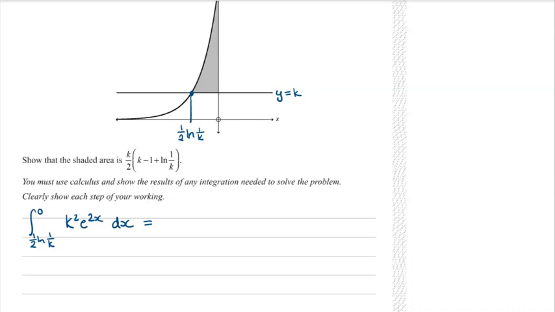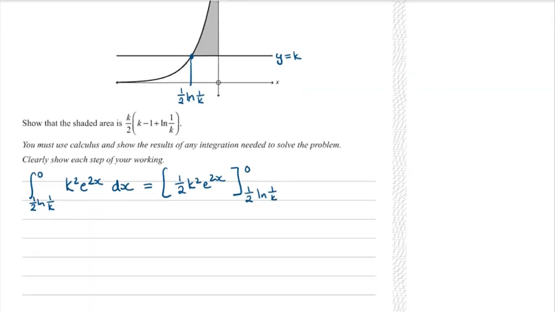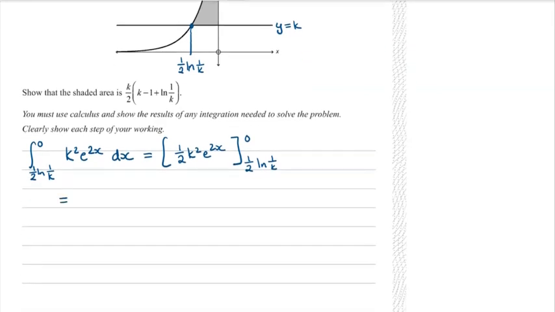Okay, so if we integrate k squared e to the 2x, remembering k is just a constant, this will be half k squared e to the 2x, because e doesn't change, but the 2 will come out as a half. And then we're going to need to put in our limits, so half natural log 1 over k and 0. So that becomes half k squared e to the 2 times 0, so that'll be e to the 0, which is just 1.